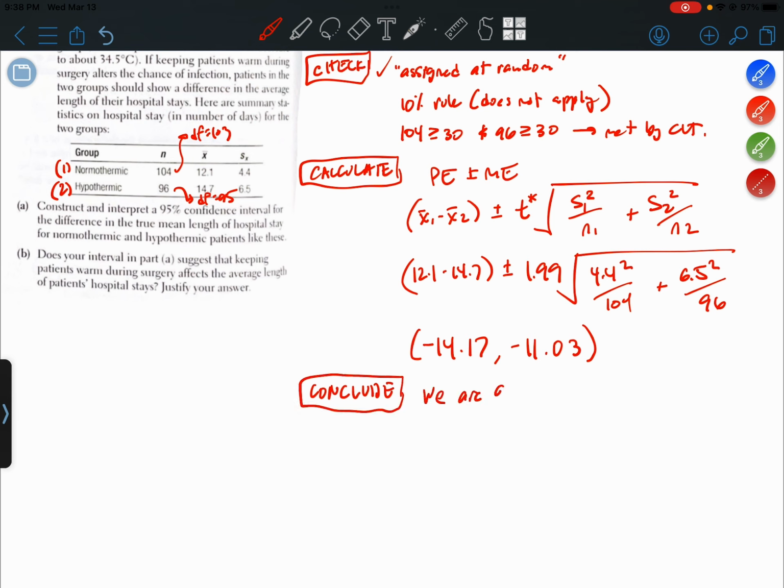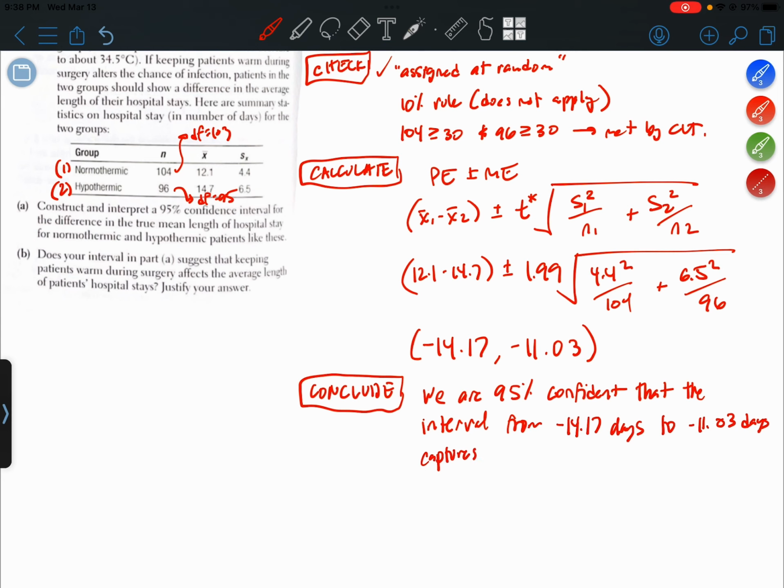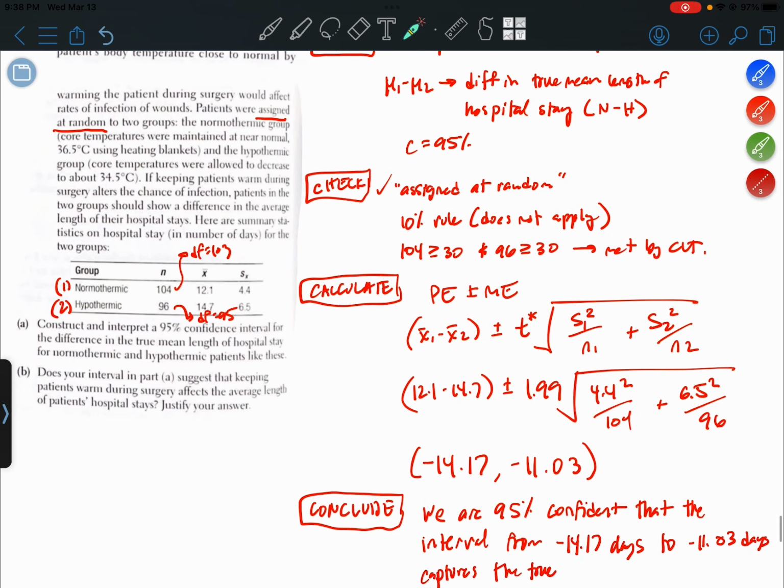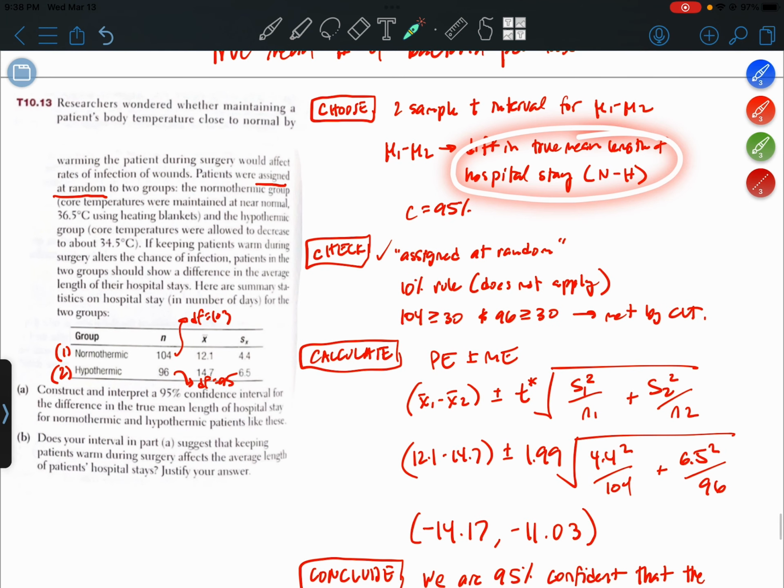We are 95% confident that the interval from negative 14.17 days to negative 11.03 days captures the true difference in mean length of hospital stay.